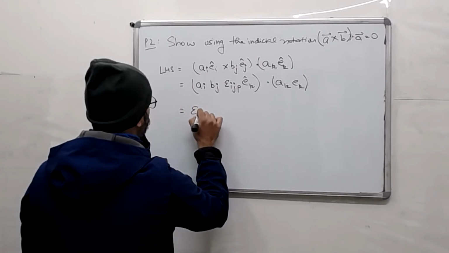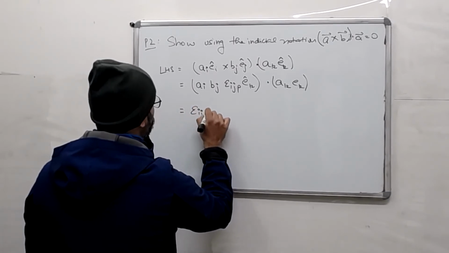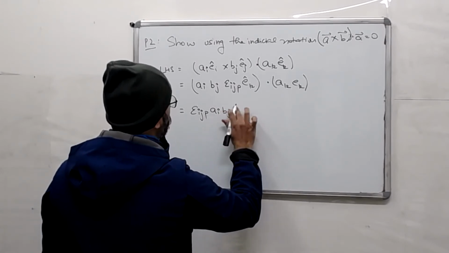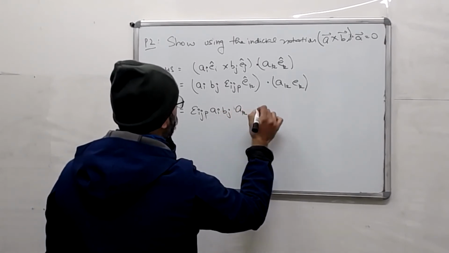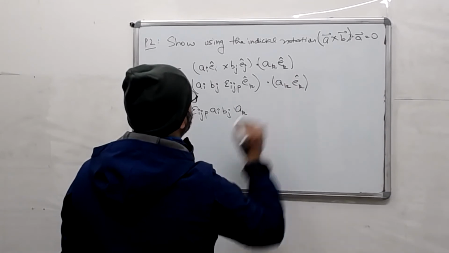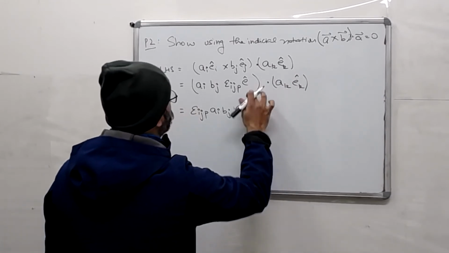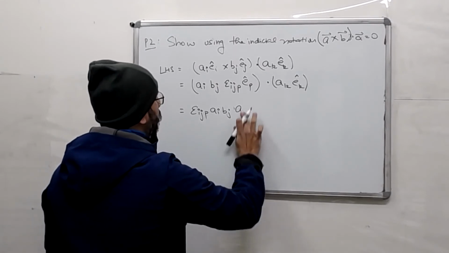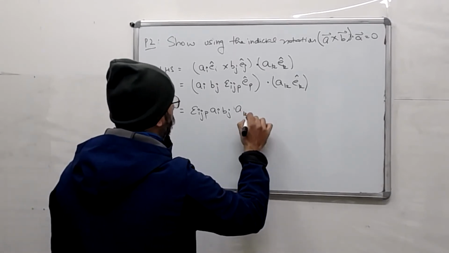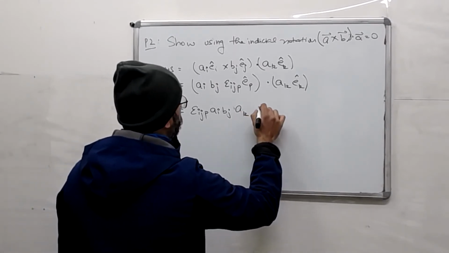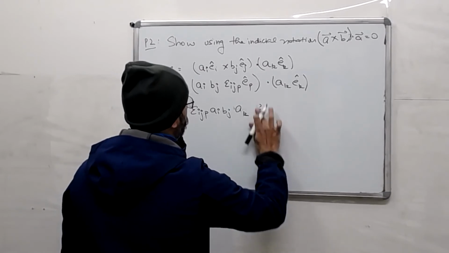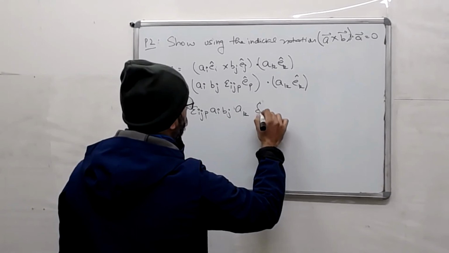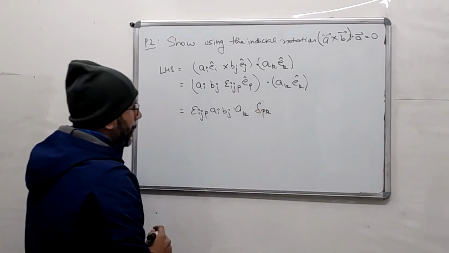So we get epsilon ijp ai bj ak, and then we have ep dot ek, so that becomes a delta pk.